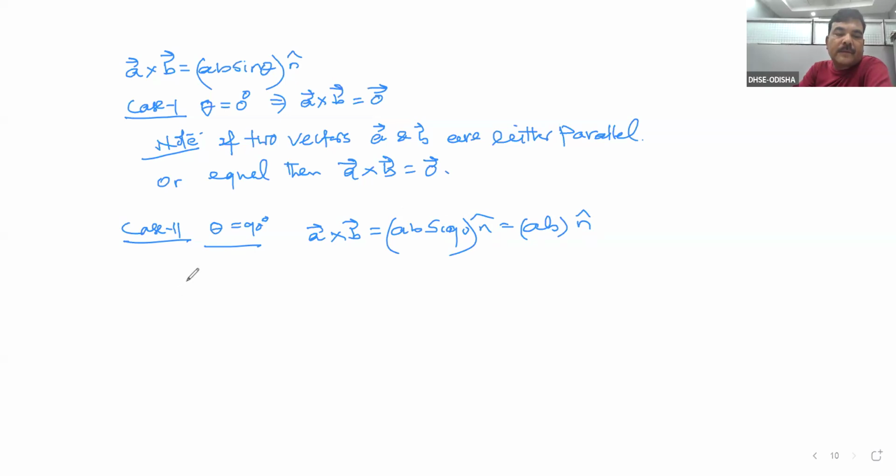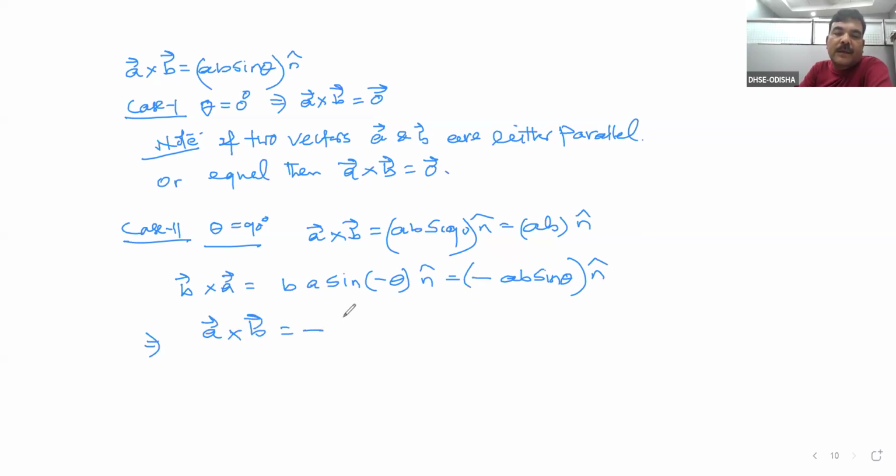So B cross A will be BA sin of minus theta into n cap. This is equal to minus AB sin theta into n cap. This implies A cross B is equal to minus of B cross A.